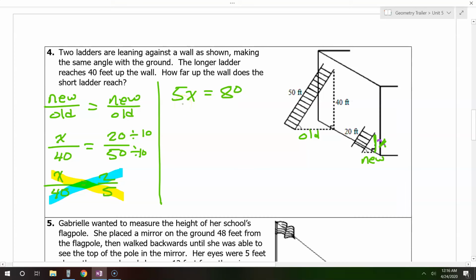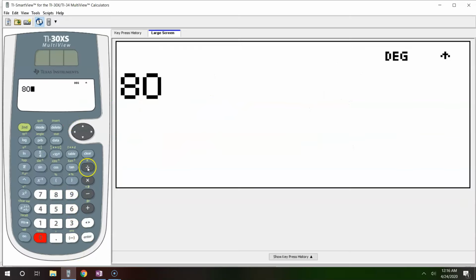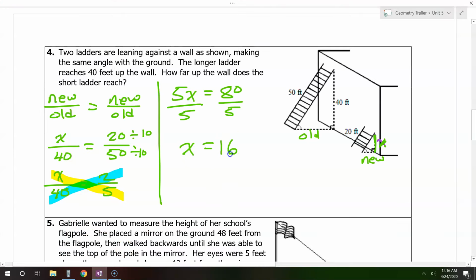And then I'm going to divide both sides by 5, which I think will be 16. Okay, and since this is a word problem, let's use the units. We're talking about feet. All right, 16 feet.